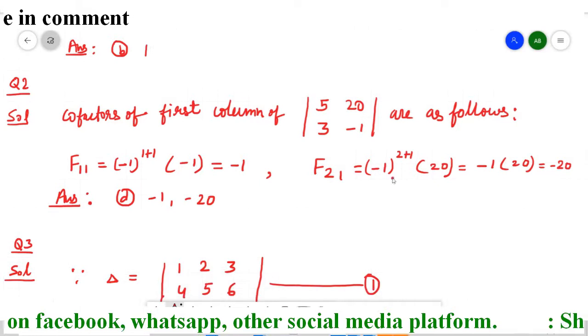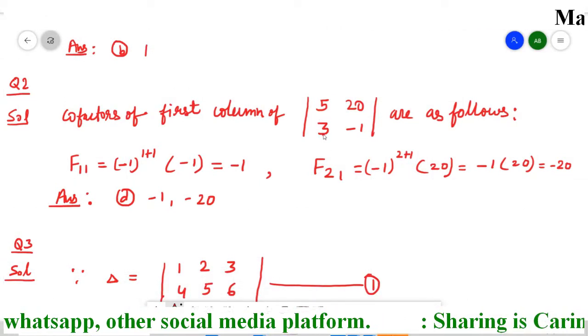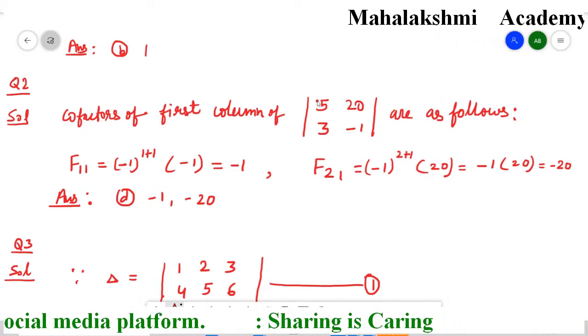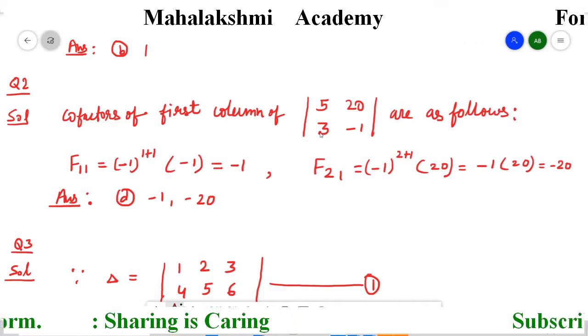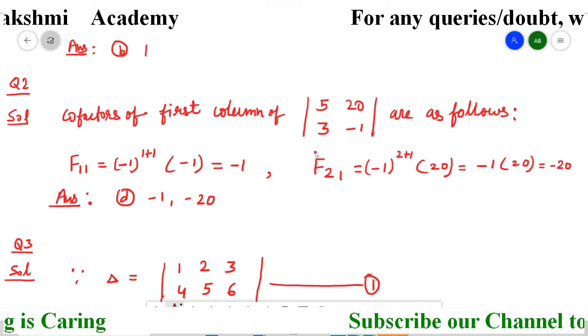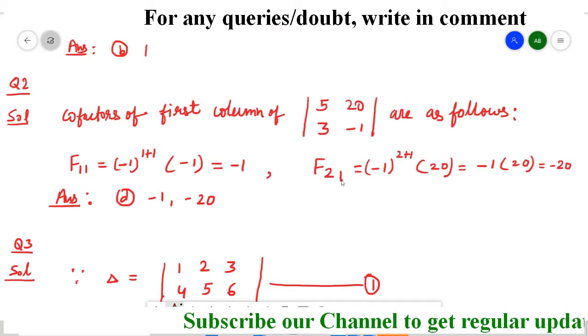First column, so this place is A11 and this place is A21, because second row and first column. This is first row, first column, so 1 1, and this one is second row, first column. So along the first column we have to find out.